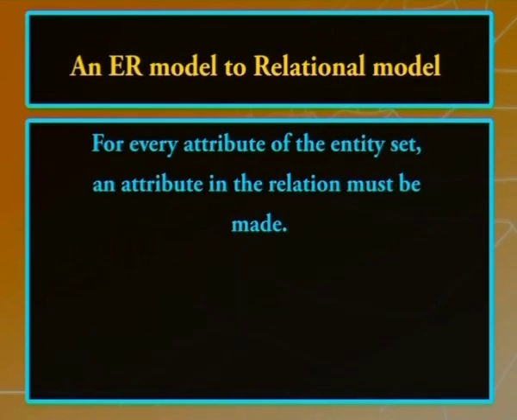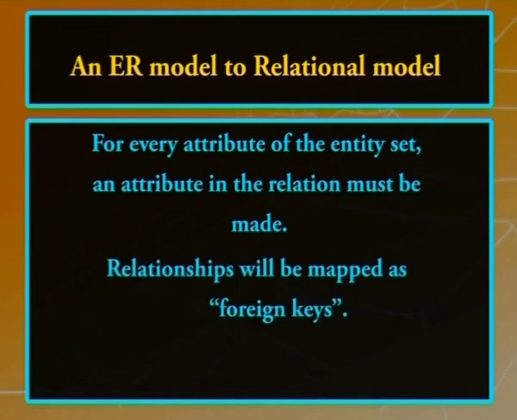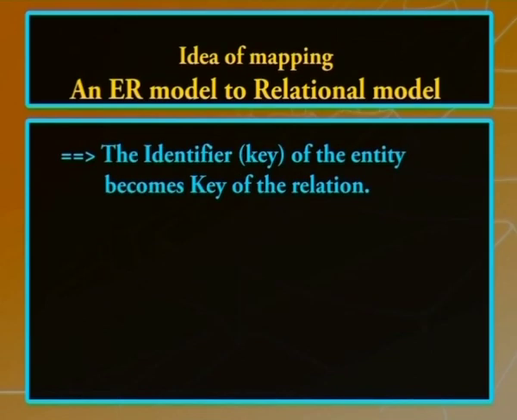For every attribute of the entity set, an attribute in the relation must be made. Relationships will be mapped as foreign key. The identifier of the entity becomes key of the relation.